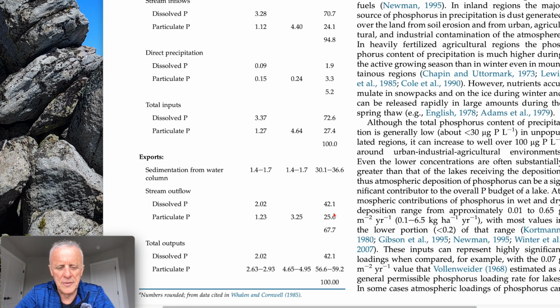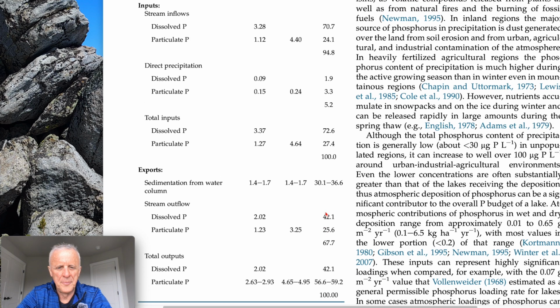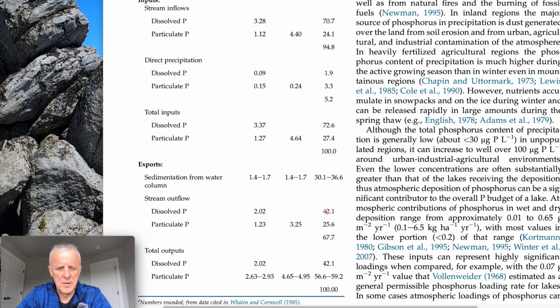Export: how is the phosphorus leaving that lake? There is some fraction that is staying in the sedimentation from the water column. And in terms of leaving from a hydrological perspective, the dissolved portion is leaving at a higher value than the particulate fraction for phosphorus, which mirrors the inflows.